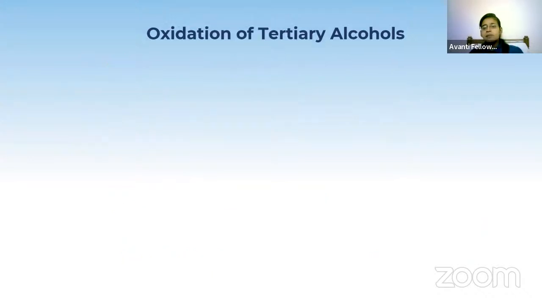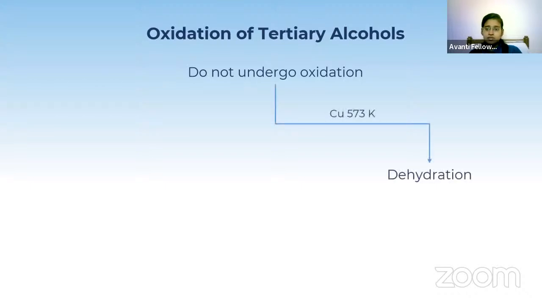So now what will happen if I oxidize the tertiary alcohol? Basically, they do not undergo oxidation if copper is used. If copper at 573 Kelvin is used, they will not get oxidized. Instead, they will get dehydrated, meaning a water molecule will come out from the tertiary alcohol, and they will lead to the formation of an alkene.